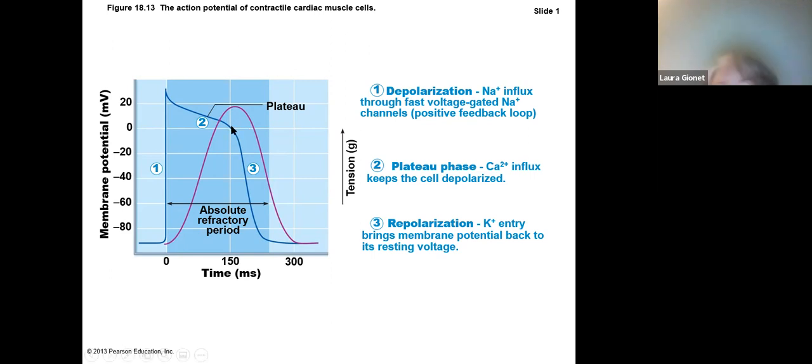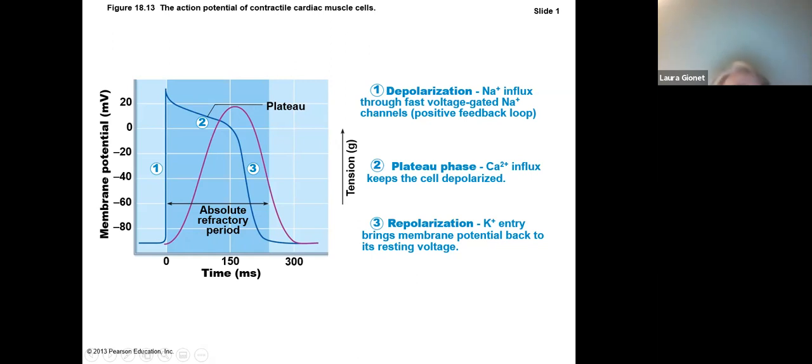Now the only gate left open is the potassium gate, and you continue to bleed out potassium, and thus that explains the rapid downward swing of that blue line during repolarization. It stops at the bottom when the potassium gate closes, and then the same phenomenon, the sodium potassium pump, brings you back to your resting membrane potential.